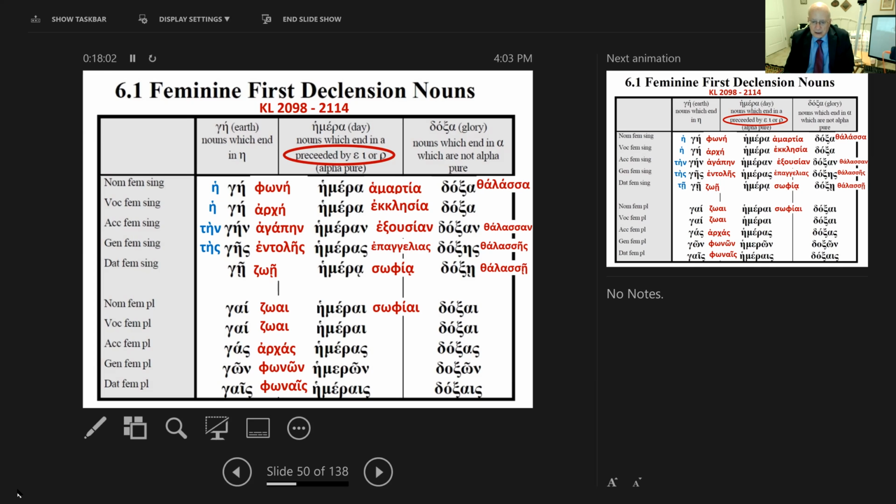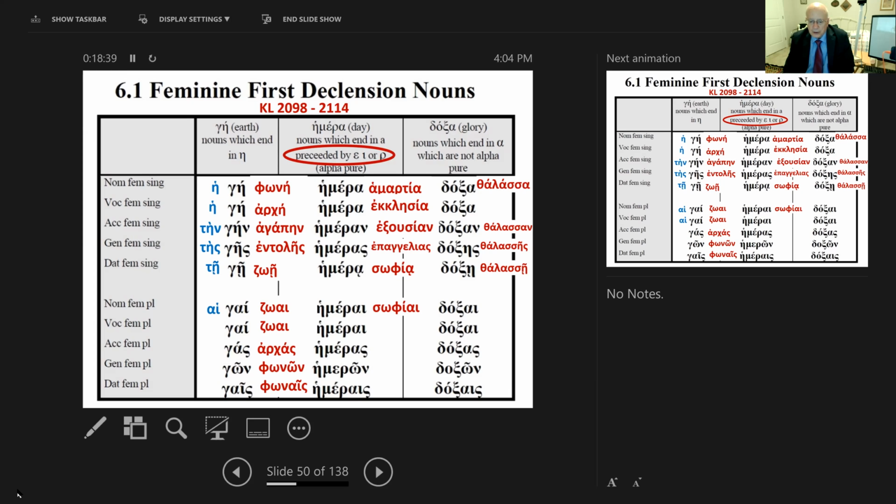And as we go down, we continually see that the article is eta, but the ending may be different if it's an alpha pure, or if it's an alpha pure noun, especially. The dative, tē, with zōē, but also with hēmera, iota subscript. Even though the alpha has an iota subscript, the article is still tē.